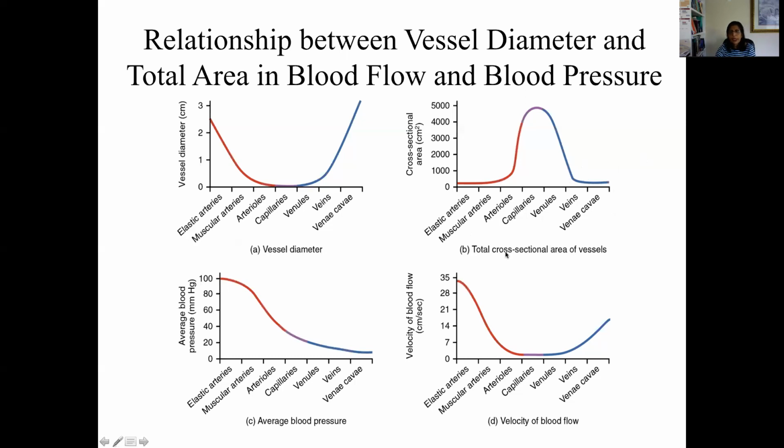Good. Keeping that in mind, now we need to talk about one more detail, that is blood flow. Blood flow through different types of blood vessels. Now, the x-axis shows the different types of blood vessels. Blood flow is the greatest in the artery, and please note it drops in the arterioles.